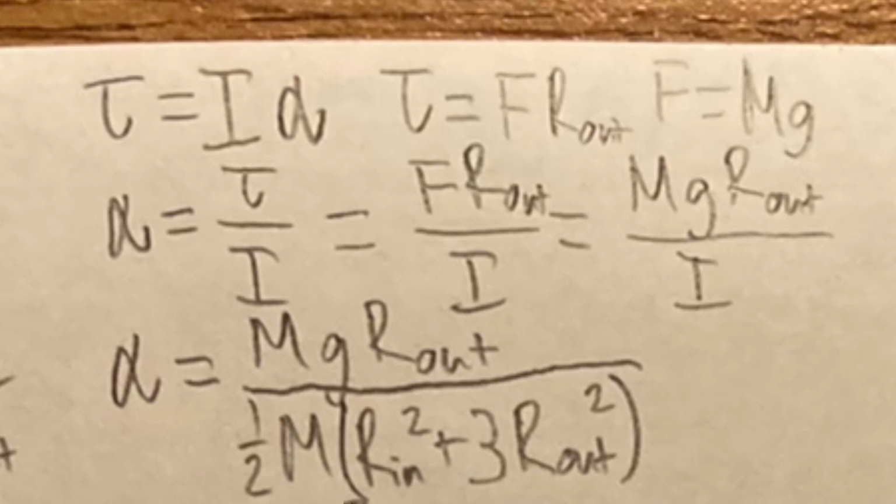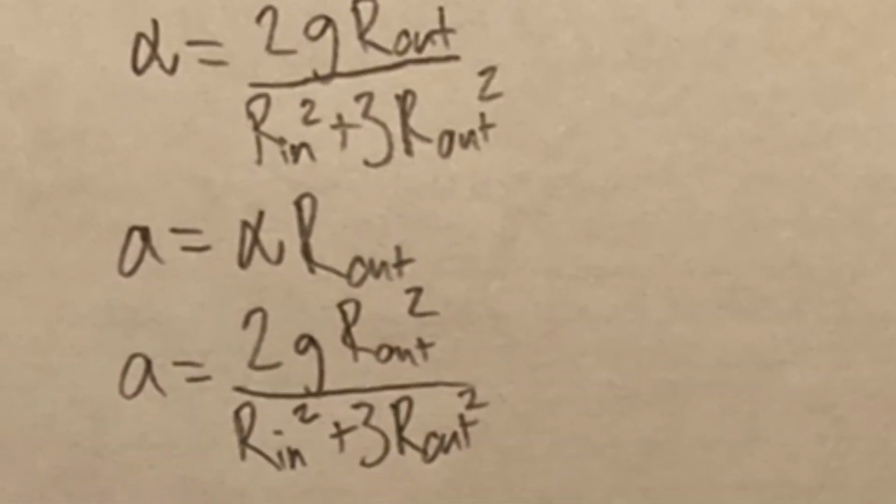Alpha equals torque over I, which is equal to Fr over I, and F equals mg, so it equals mgr over I. Then we plug in our I that we just found, so alpha equals mgr of the outside over 1/2 m times radius of the inside squared plus 3 radius of the outside squared. So we simplify that and get alpha equals 2g r of the outside, or not squared, sorry, over radius of the inside squared plus 3 radius of the outside squared.